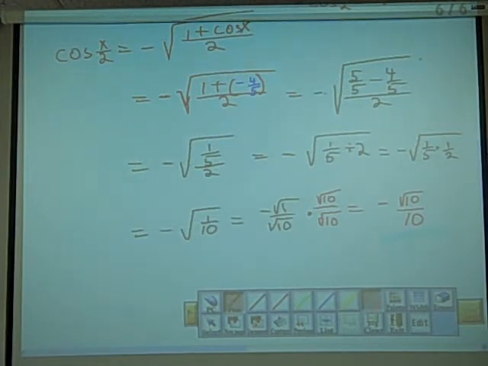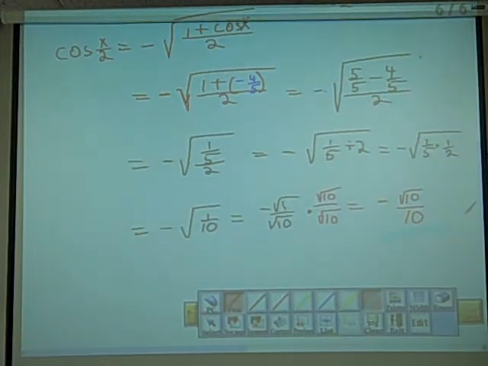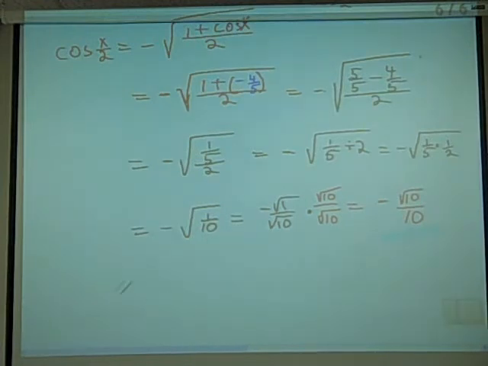Okay? Now, to find tangent, the half-angle formula for tangent is 1 minus cosine x, or u, really. Whatever you start with here. If this is an x, then that's an x. If you use u and u, either case is fine. Over sine x.